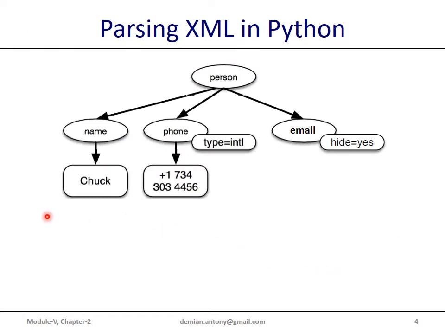This is a pictorial representation. In the tree structure, we have a person, then children name, phone, email, and this is attribute hide. Phone has an attribute and name has no attribute but has a text, and phone has a text. This is how we can imagine the XML document as a hierarchical structure, that means a tree structure.